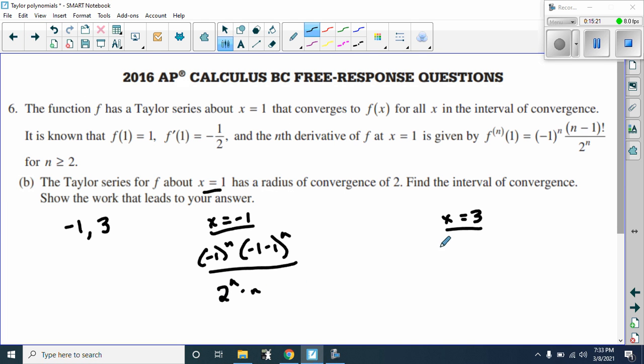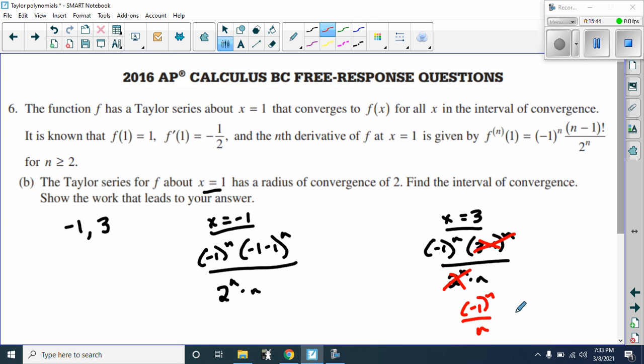And if I'm plugging in 3, it would look like this. X equals 3 is a little bit easier, so let's start over on that one. Here I've got 2 to the n divided by 2 to the n cancels. -1 to the n over n.